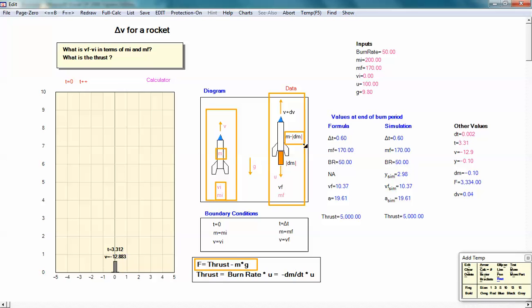We need to put those in because dm is a negative number. The mass is going down. So if we want to express just the quantity of mass that is burnt, we have to put the absolute value sign around it just to turn it into a positive number. So nothing very deep about that. So after a certain amount of time, the momentum picture is a little more complicated.